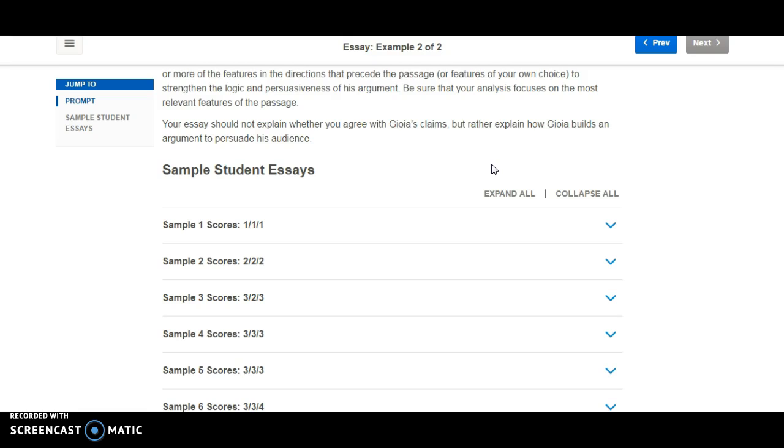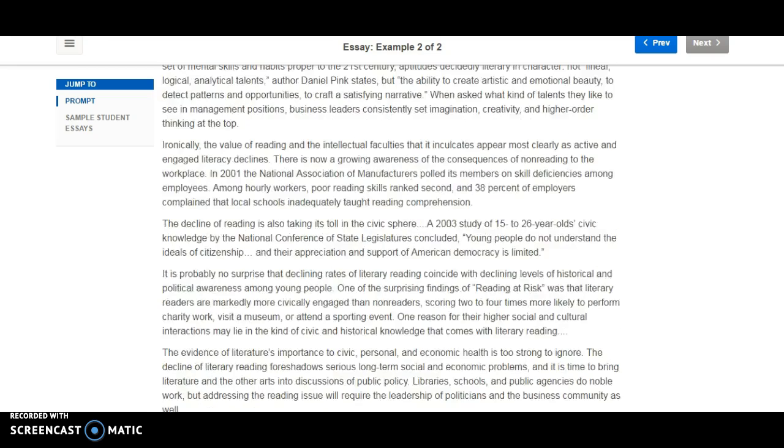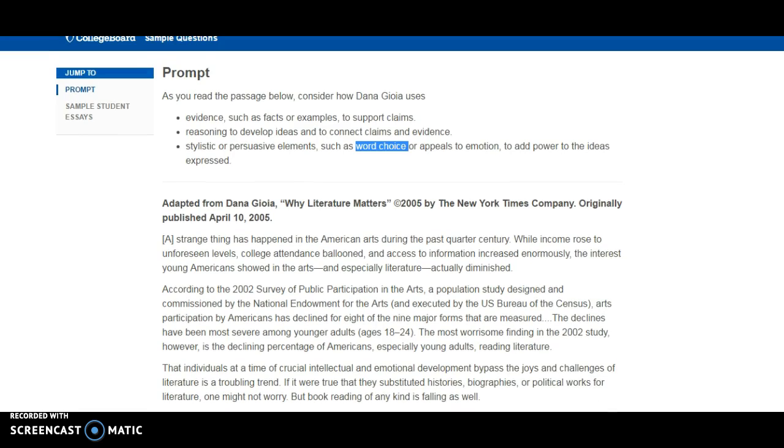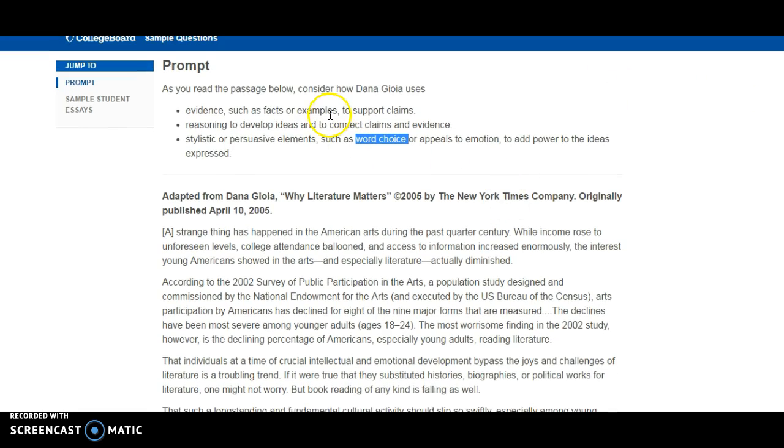So as I'm reading, I would be on the side of the text, reminding myself that I am looking for facts to support claims, right? What are the claims and what can be supported? What's the logic? And how are they appealing to us as an audience?